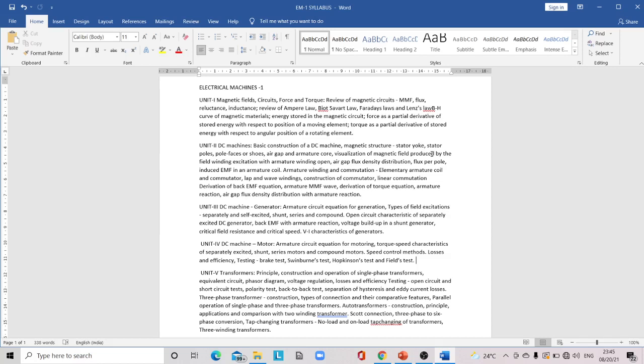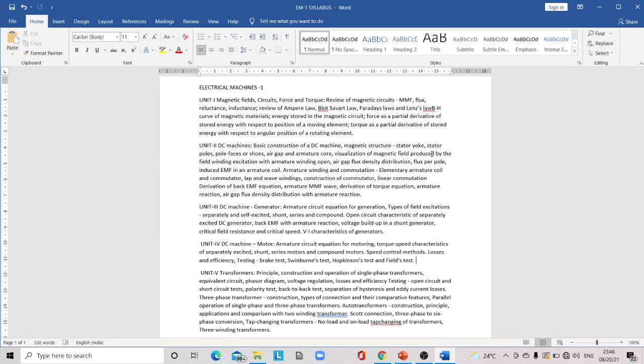The third unit was all about DC generators: the armature circuit equation for generation, types of DC generators, characteristics of separately excited, series and compound generators, and voltage build up in a shunt generator. This voltage build up was explained when I was explaining the characteristics of the shunt generator.